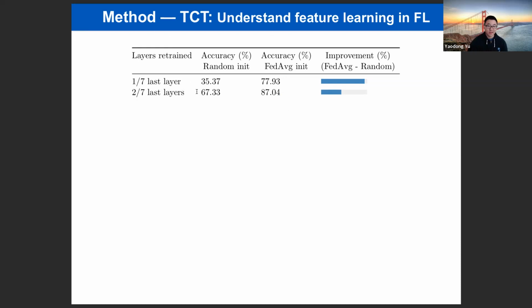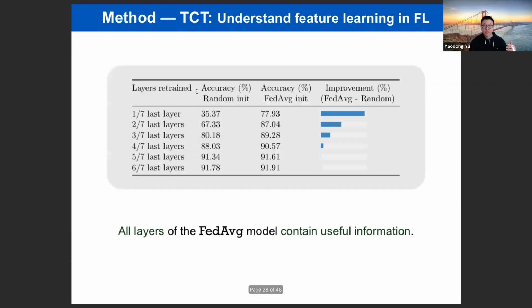We tried this experiment increasing the number of retrained layers from 1 to more, and we can see that as we increase the number of retraining layers, we get continuing improvements. The interesting observation here is that federated averaging is actually learning something very useful, and all the layers of the federated averaging learned models contain useful information in terms of representation quality.